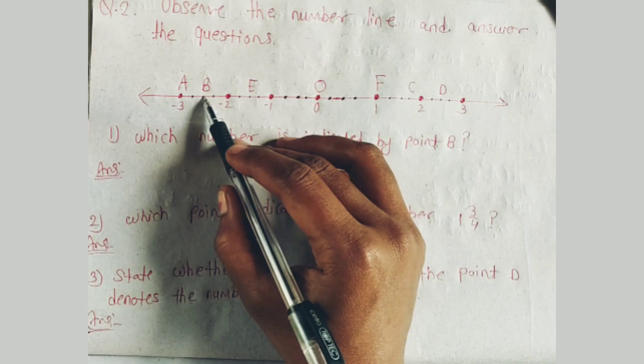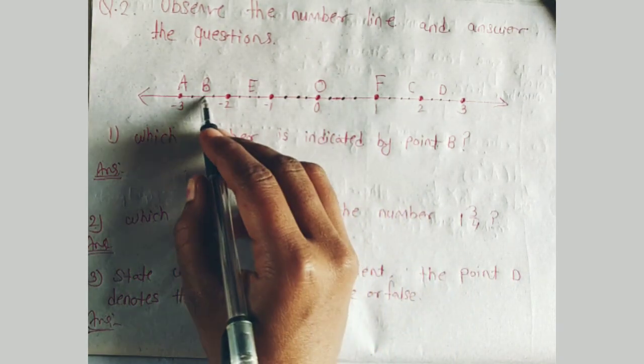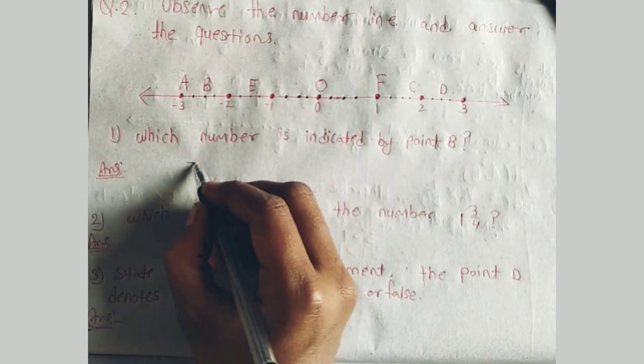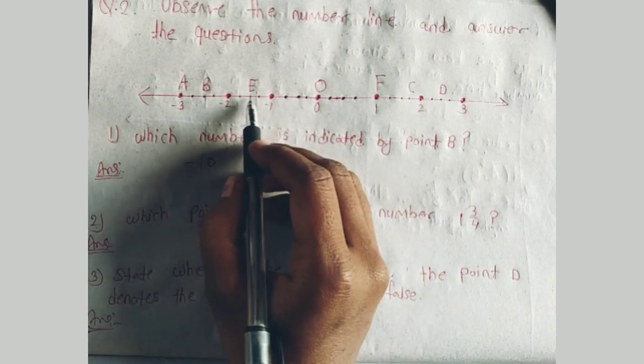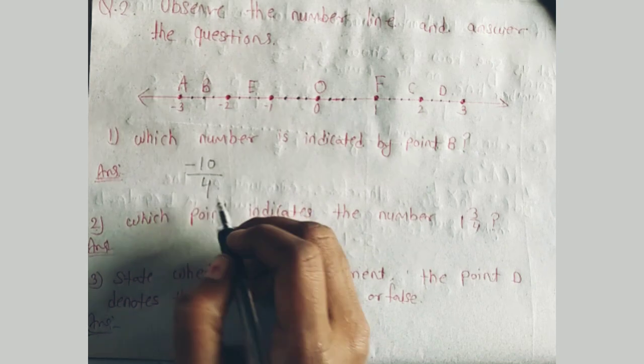Now this is the 10th point. This is a negative integer, so minus 10, and they are divided into 4 equal parts, so minus 10 upon 4.